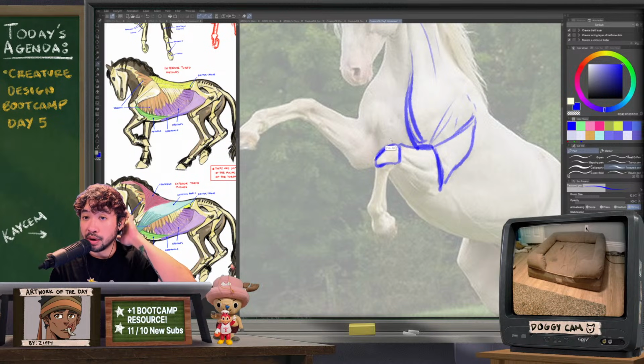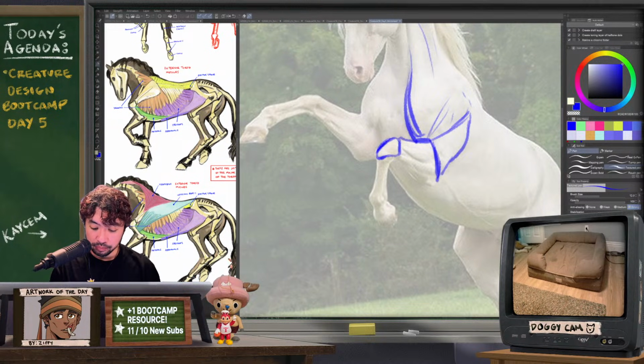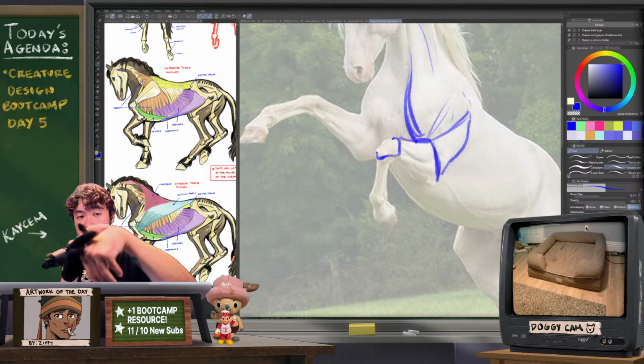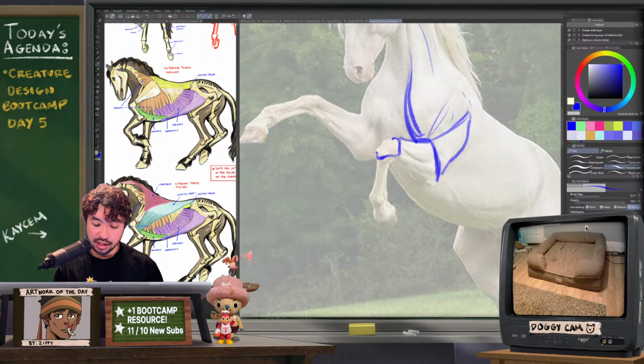This is the wrist effectively. So imagine if you took your own hand and bent it like this, you're creating a little flat section right there. That's kind of what's going on here.